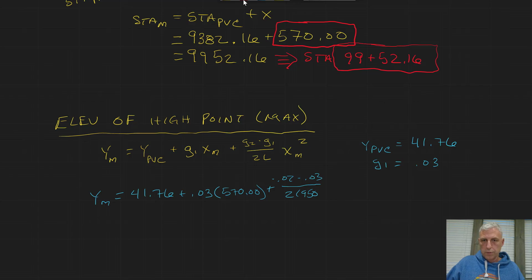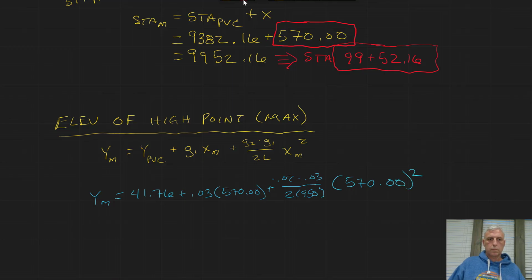Since we already know those. If I worked on paper, I wouldn't have to do this. Finishing out, 950 times our x sub m squared. Okay, so if I do all that math, then I get 50.28.